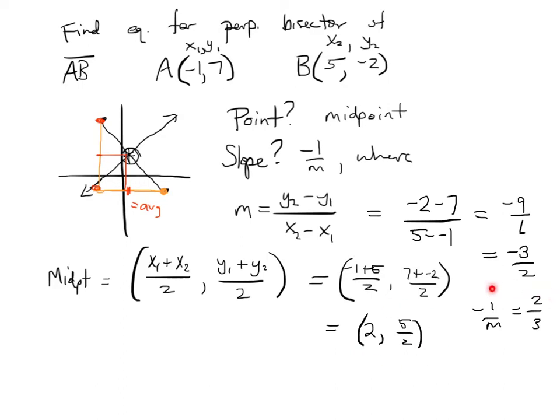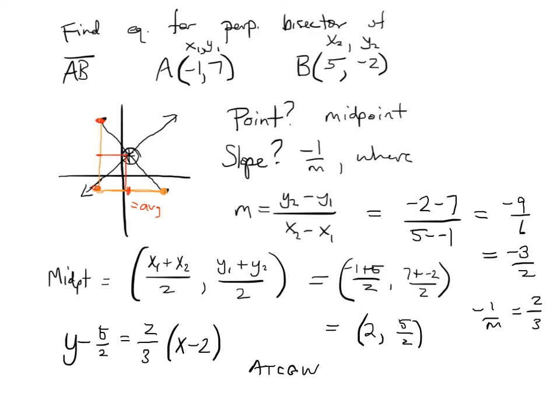This and this are the slope and the point that go into my point-slope recipe. So y minus 5 halves equals 2/3 times x minus 2. And the crowd goes wild.